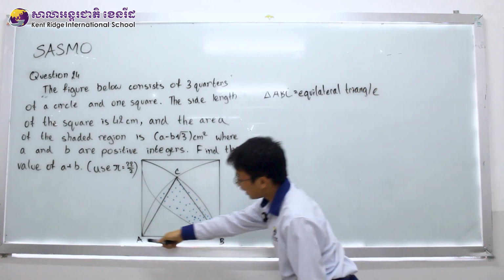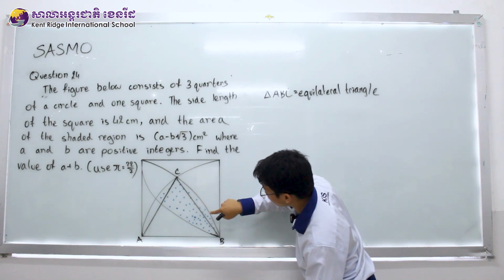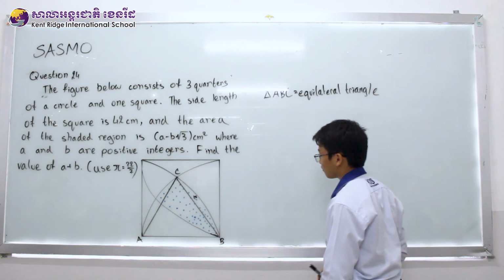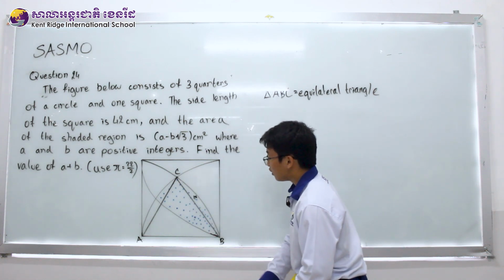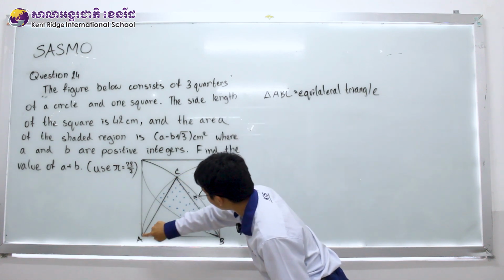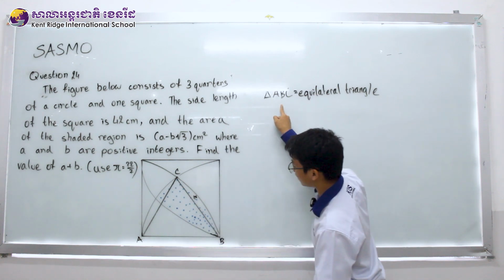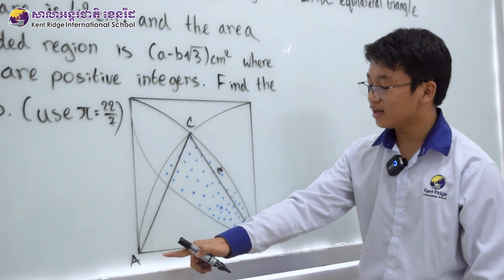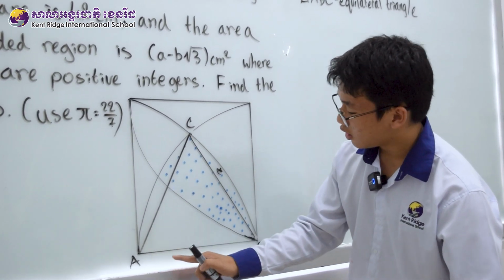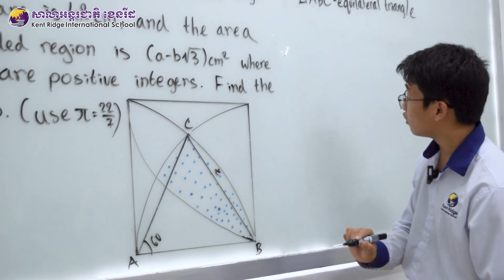And now that we know that ABC is an equilateral triangle, we'll start by finding this part. We'll call this part X. In order to find X, we'll have to take the full area of this part of the circle minus the area of triangle ABC. In order to find the area of this part of the circle, we must find the angle. We know this angle is 60 degrees because this is an equilateral triangle.